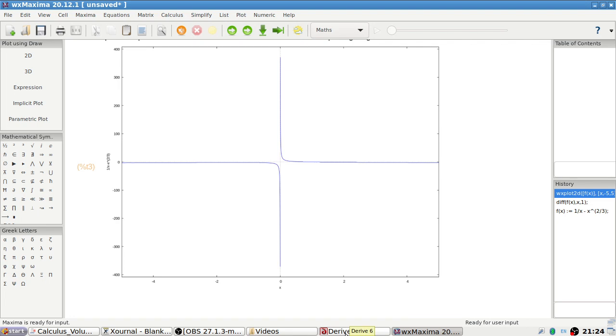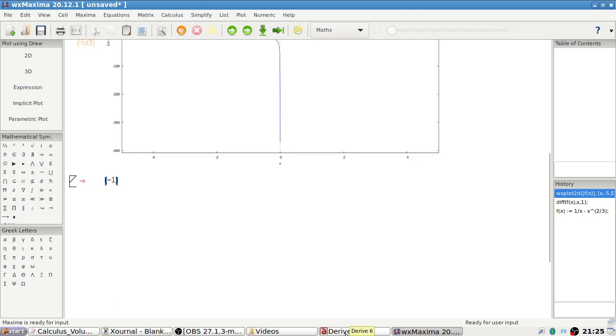Okay, I guess I've learned a valuable lesson today. There isn't exactly one perfect program. As great as Derive is, it actually struggled a bit with the power 2/3 when it comes to graphing. Weirdly, it seems to prefer the imaginary root when you cube root -1, which is quite interesting. What does Maxima prefer to do?